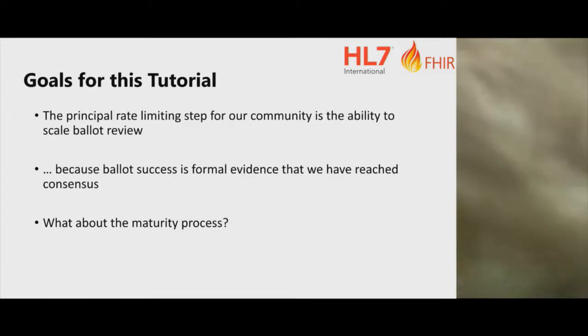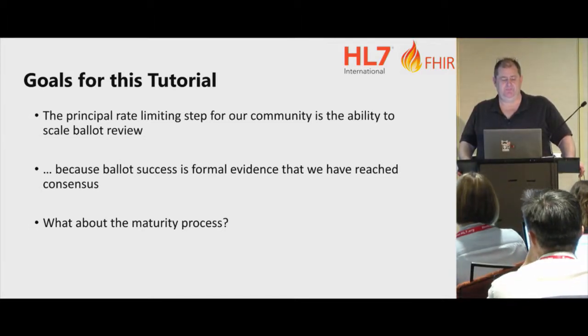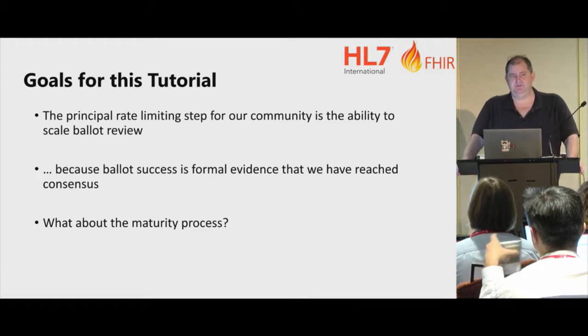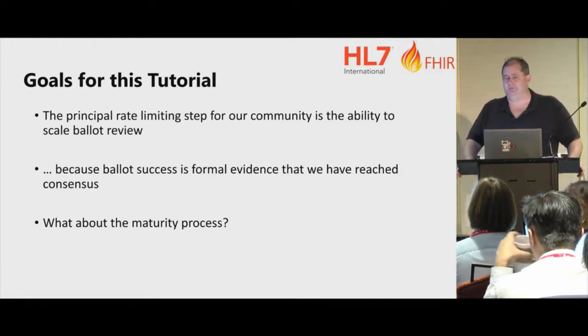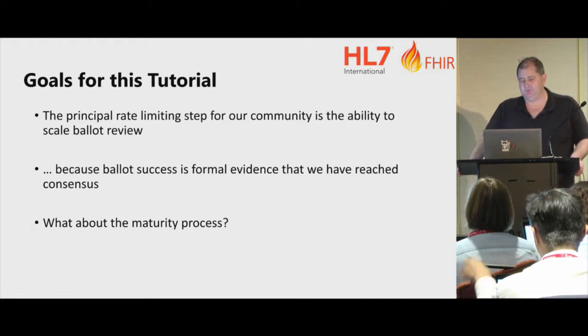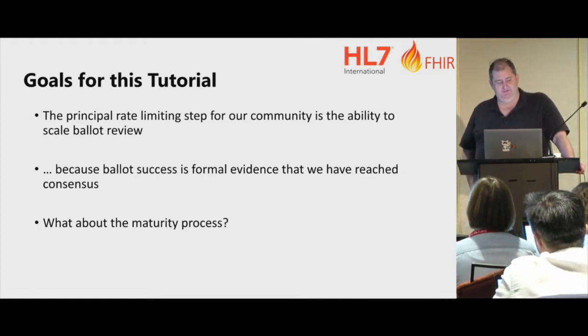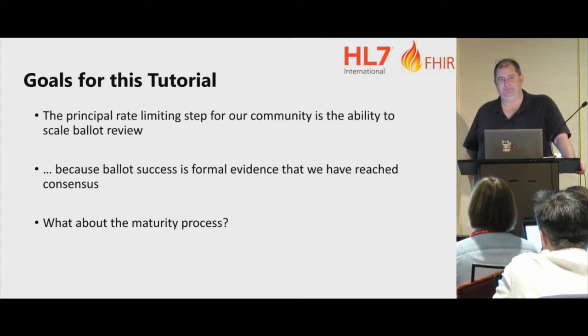So I'm doing this because it's pretty clear to those of us who run our overall FHIR process that the principal rate-limiting step for our community is our ability to scale ballot review.